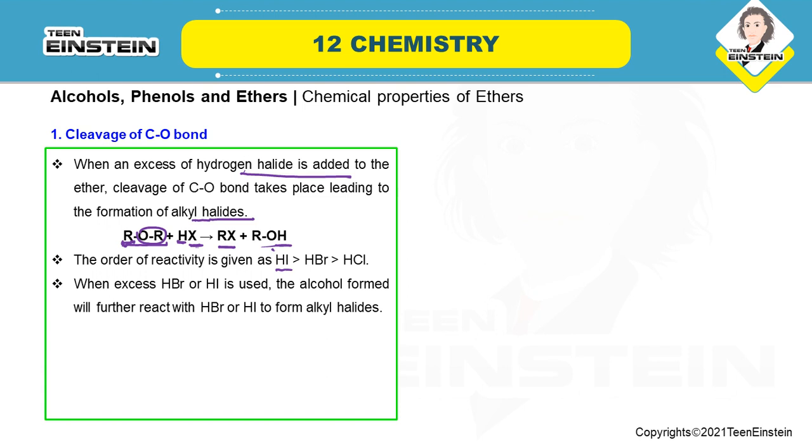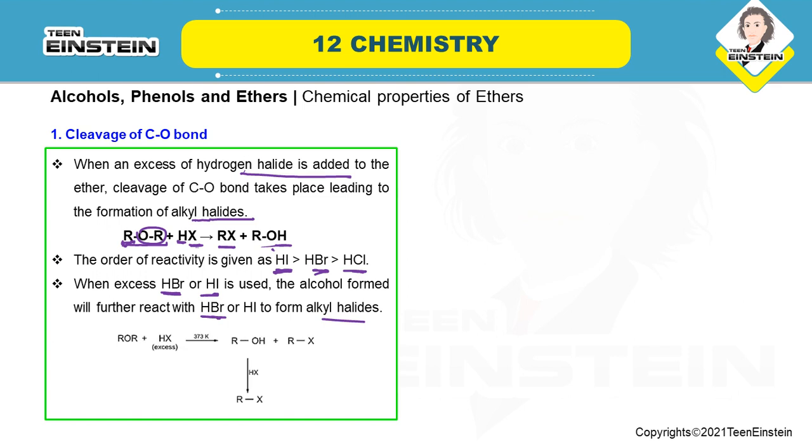So when it is HI, the reaction rate is high, then gradually it will decrease when you are moving to HBr and then HCl. If you are using excess of HBr or HI, then the alcohol formed can further react with this excess HBr or HI to form alkyl halide.